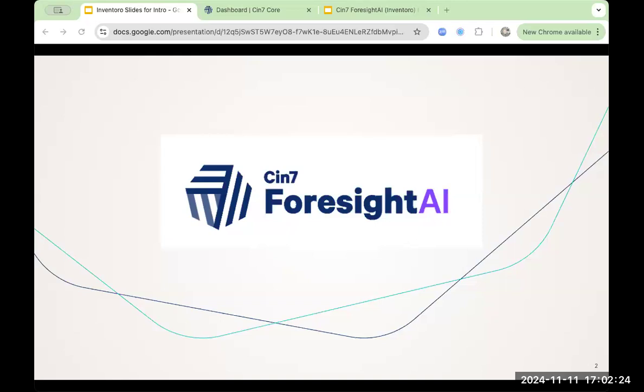But first, I do want to launch a poll since I want to ensure that I'm getting through the right material for the right folks. So what are you most interested in? We have solving overstock, solving for stock out, saving time reordering, saving time in guesswork on how much to order, everything, or unsure.